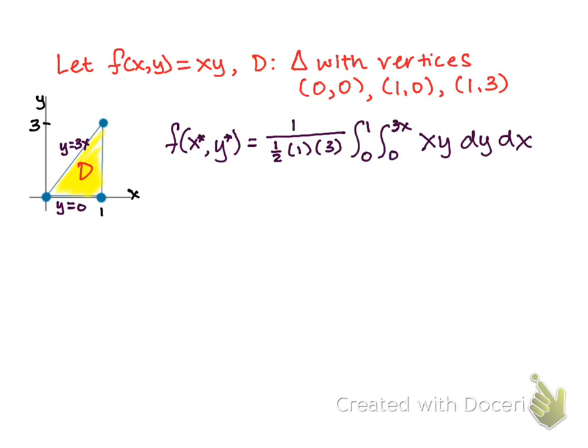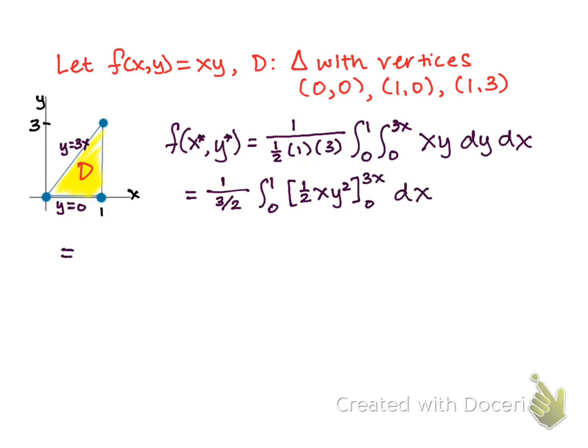Okay, so what am I going to have here? I'm going to have 1 over 3/2, which is going to turn into 2/3. And then the integral from 0 to 1. x y is going to integrate into 1/2 x y squared from 0 to 3x.